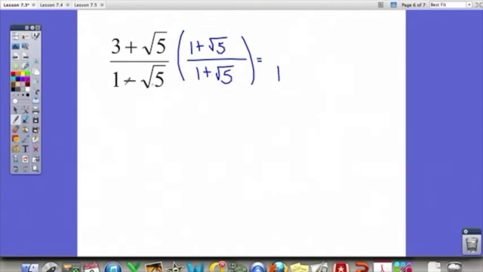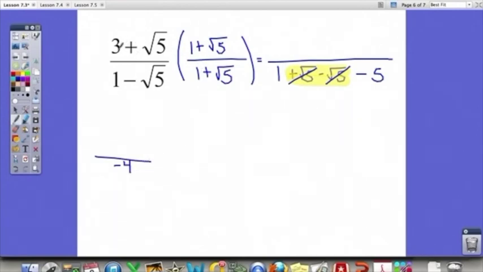So I'll have 1 plus root 5 minus root 5 minus root 5 times root 5 is root 25, which is 5. Excuse me. Before we look at the top, here's what I want you to notice. Those cancel, which will just leave me with 1 minus 5 is a negative 4.